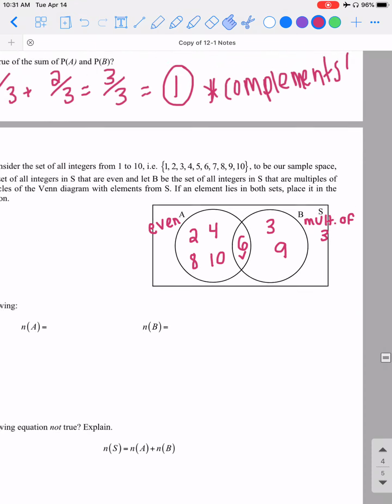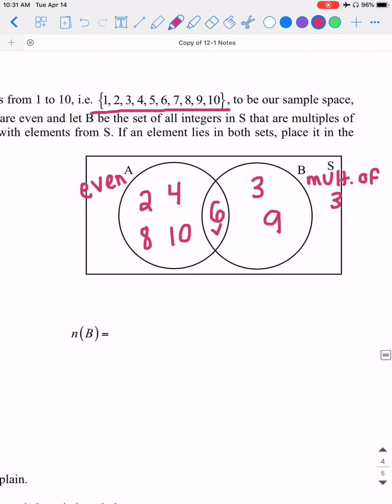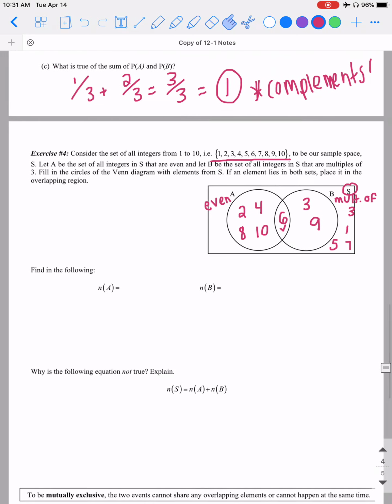The last thing you want to do for these problems is make sure you're including everything in the sample space. So if we look back to where we started, there's some numbers that we didn't include, and we're just going to put them in the rectangle on the outside and not in the circle so that they're still in the sample space. So on the outside, we should have 1, 5, and 7. And that should be everything.